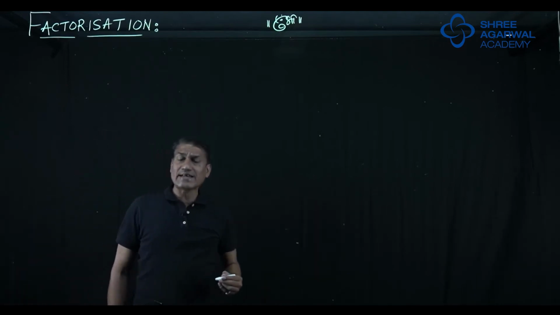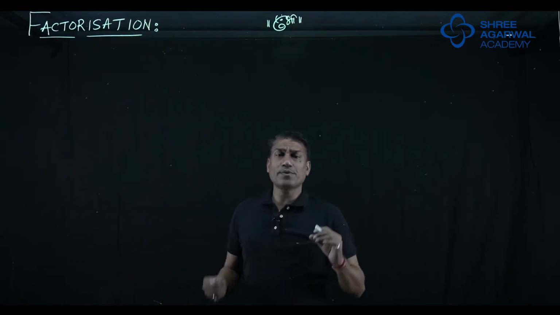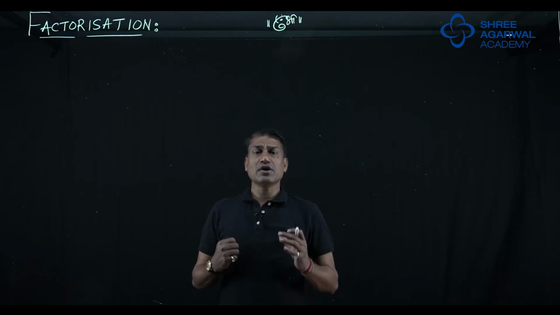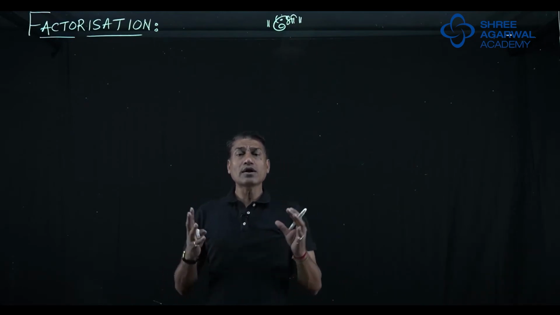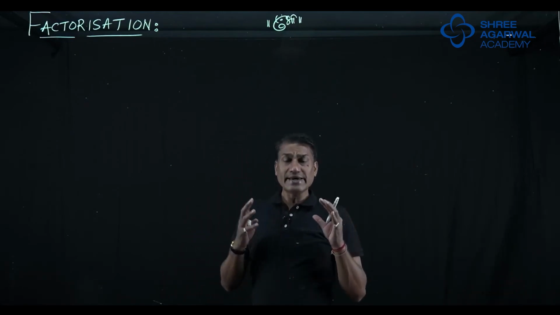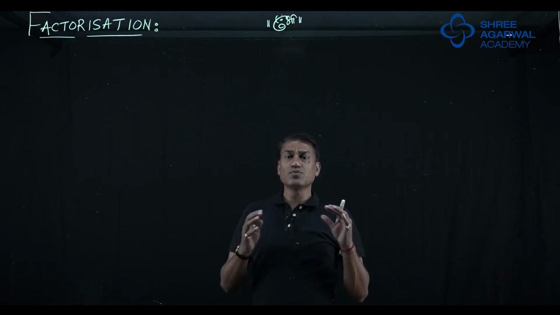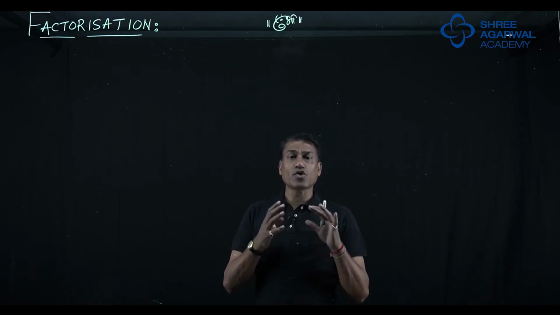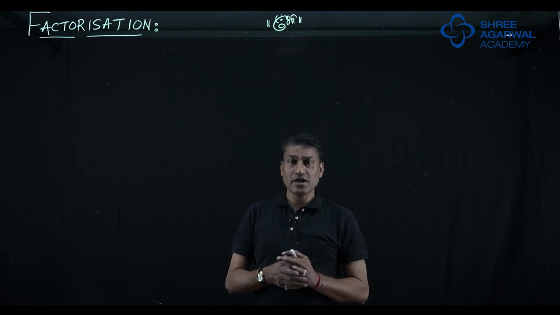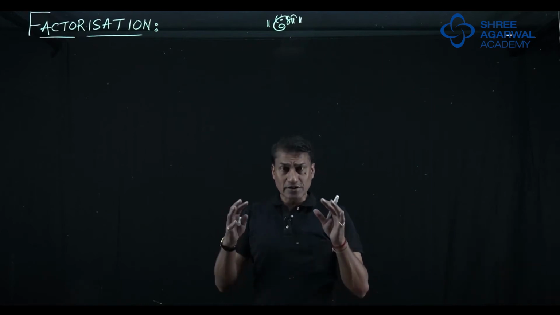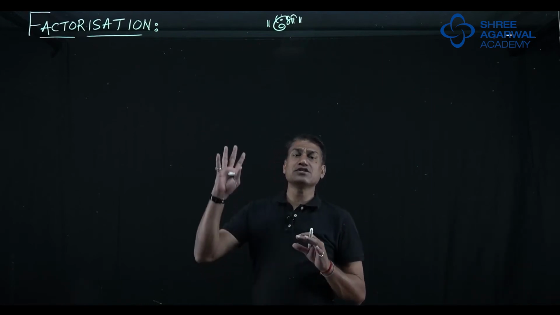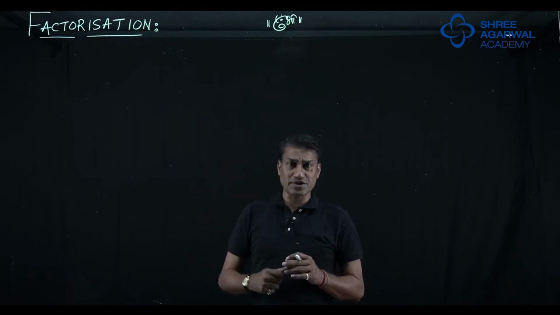The word factorization means a process in which a given number or a given expression is broken up into smaller parts, such that the product of all those parts is the original number or original expression.